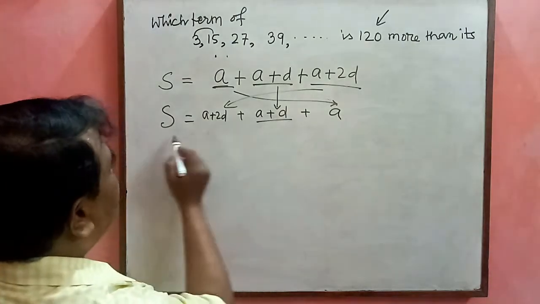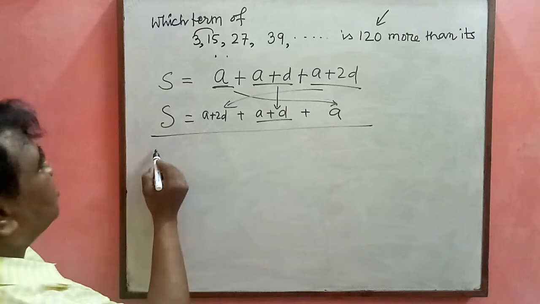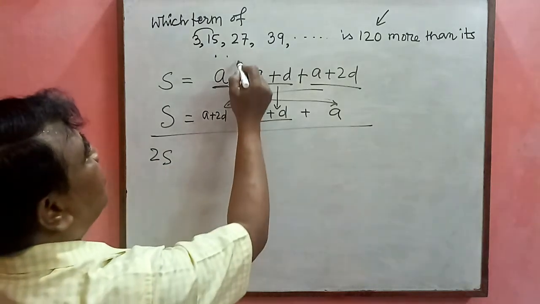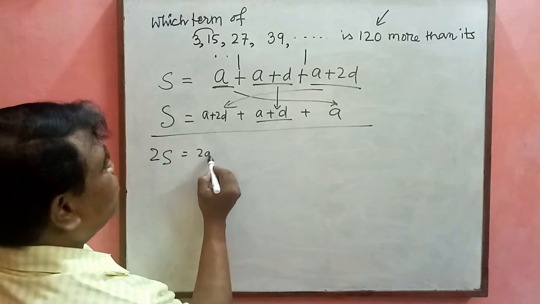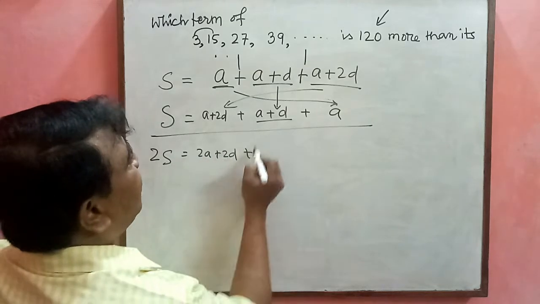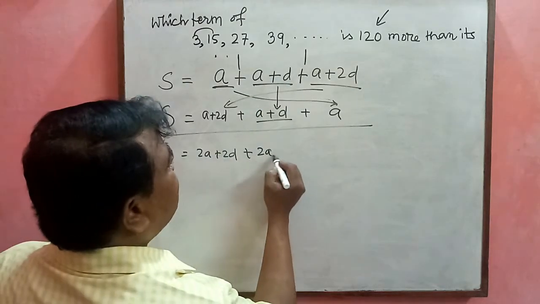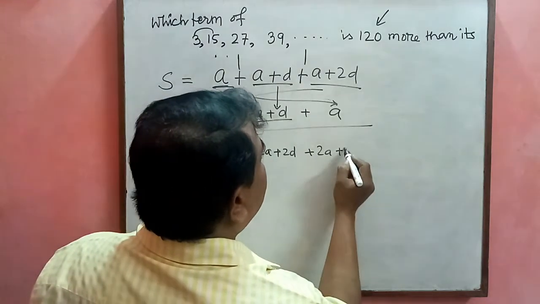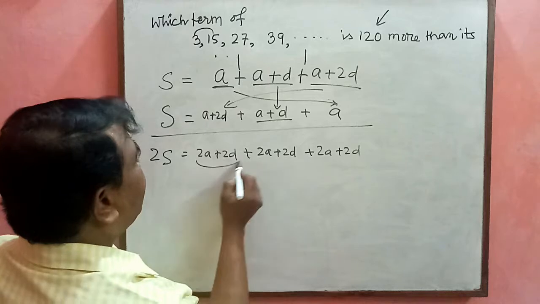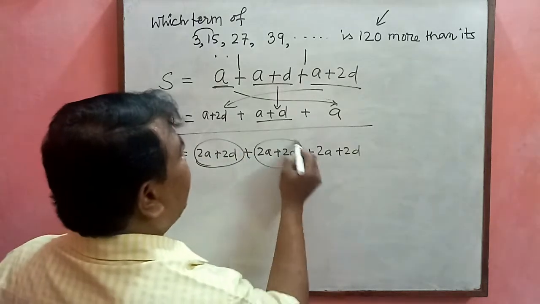So if I take the sum, this is 2S. This way, this is 2A plus 2D, plus 2A plus 2D, plus 2A plus 2D. This way, we have 2A plus 2D three times.